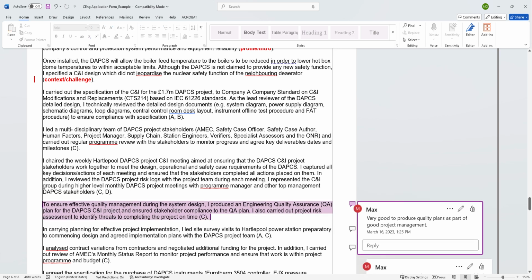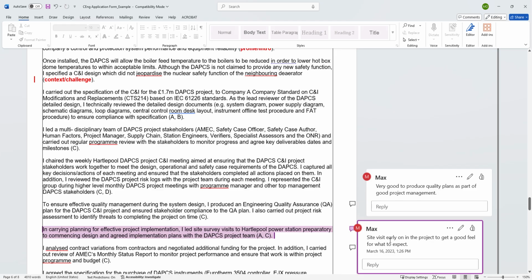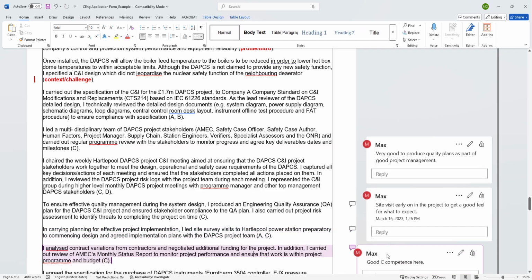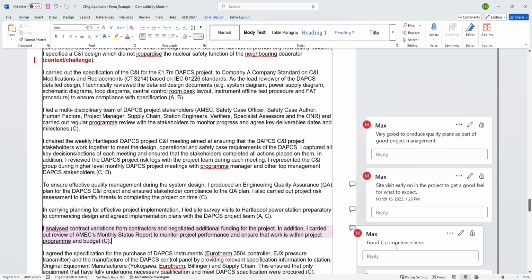Under this paragraph, we are saying it's very good to produce quality plans as part of good project management. For this one, a site visit early on in the project to get a good feel for what to expect on the project, that's good. And then this comment here was, this is a very good C competence. Why?